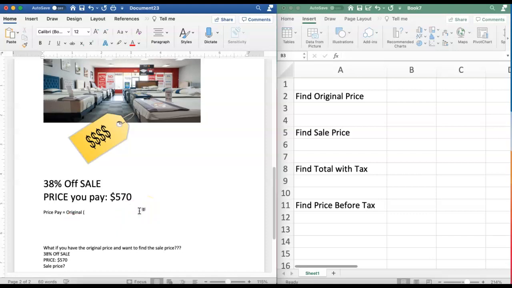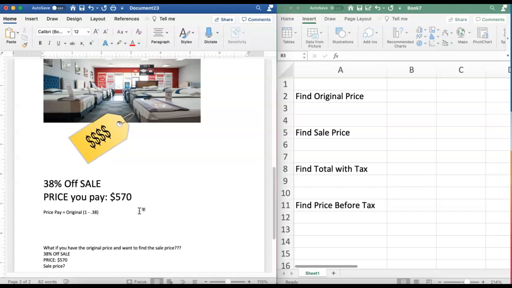And they multiplied that by the sale, right? So I'm going to get less of the price tag. So I'm going to take this original and multiply it by, we'll do our math here, 100% or 1 minus 0.38, because I'm not paying for the entire 100% of the price tag.